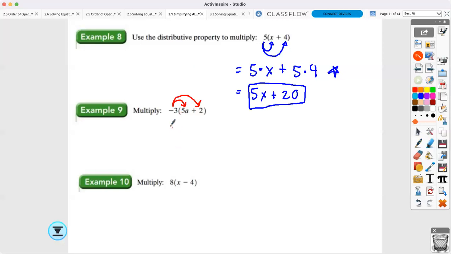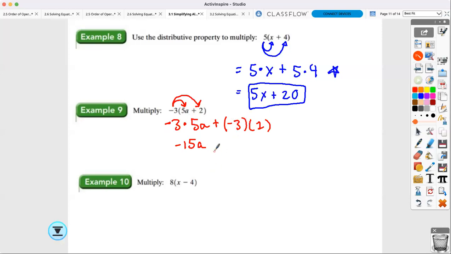So we're gonna do -3 times 5a plus parentheses -3 times 2. So let's multiply. -3 times 5a is negative 15a.